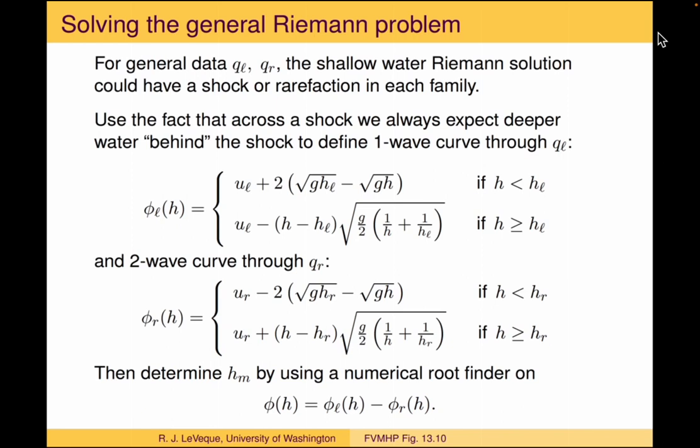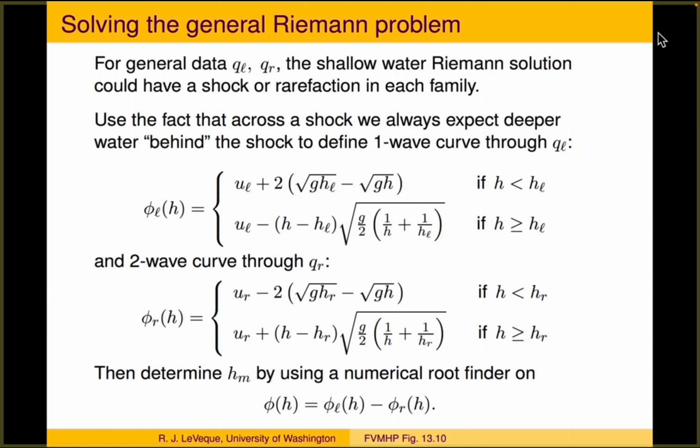So that's what's suggested in the book in section 13.10, that for general QL and QR, we can define two curves, and I've written these in terms of u's rather than hu. The idea is that this phi L of h, for a particular point HL, is the equation for integral curves, which we use to the left of HL, and this is the equation for the Hugoniot locus, which we use if h is to the right of HL.